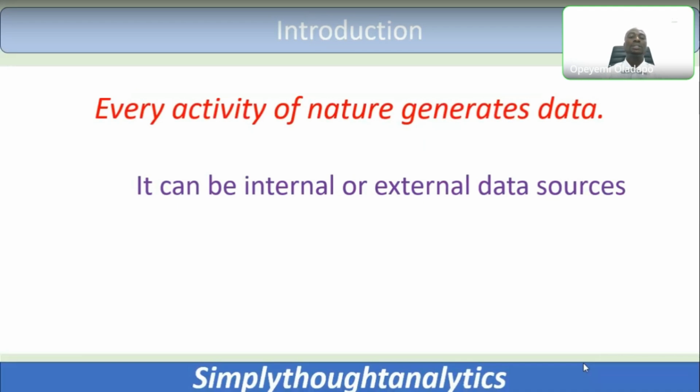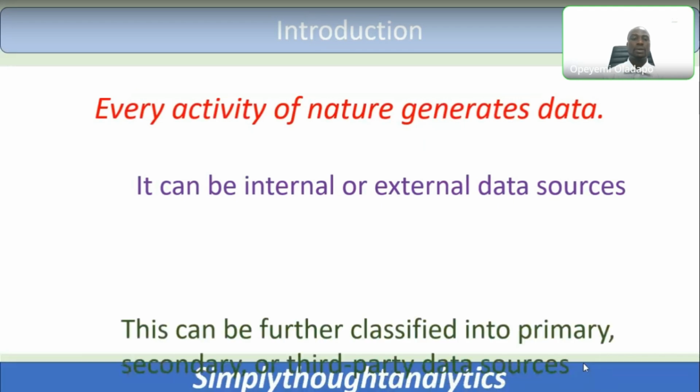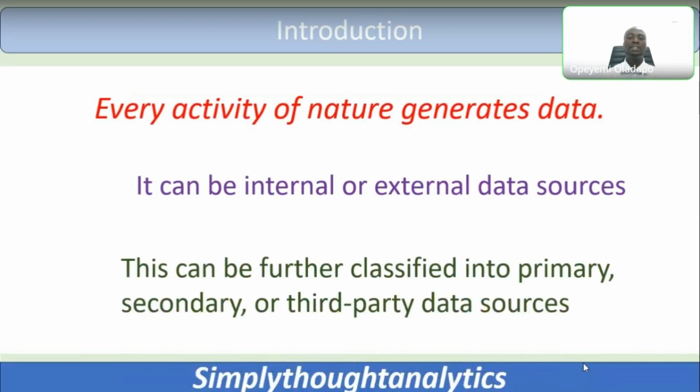Internal means that it is generated inside an organization or an institution. However, if it is generated outside of an institution, then it is external. We can also classify it as primary, secondary, or third-party data sources.